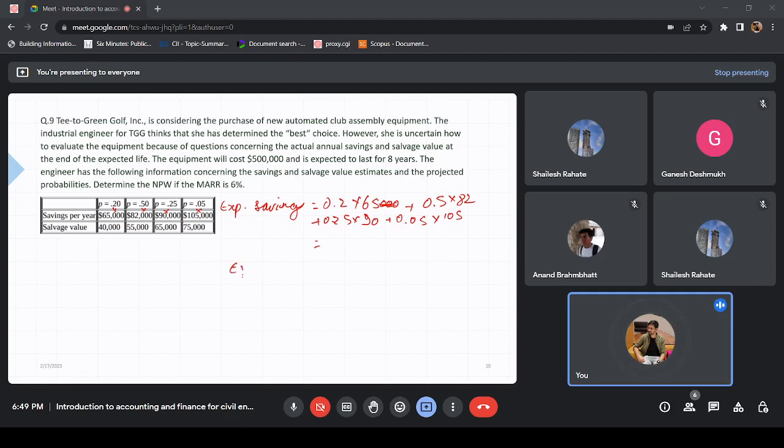Okay. Similarly, expected salvage value you can calculate, right? 0.2 into 40 plus 0.5 into 55 plus 0.25 into 65 plus 0.05 into 75.